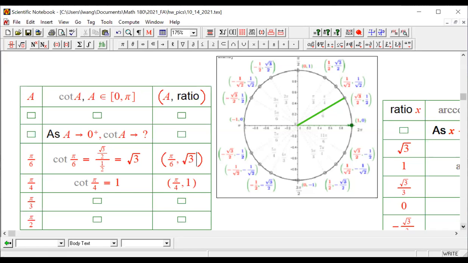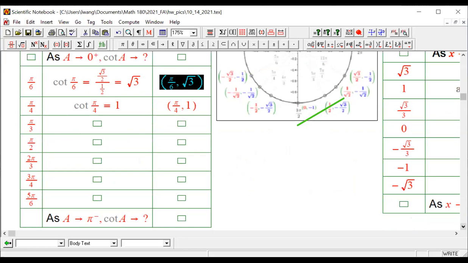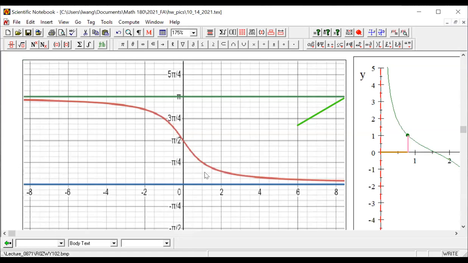Pi over 6 is a positive angle, so you measure it. Pi over 6 is approximately less than 1, so it's something like that.